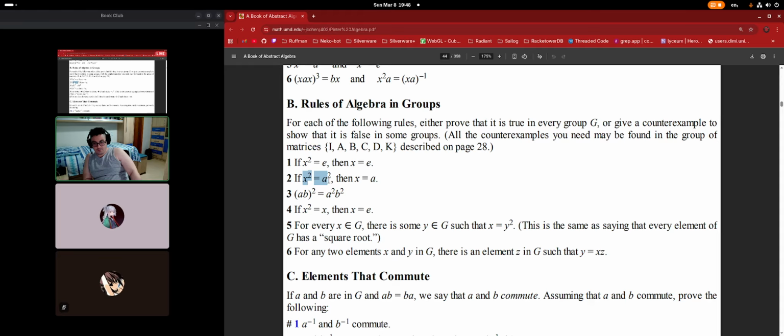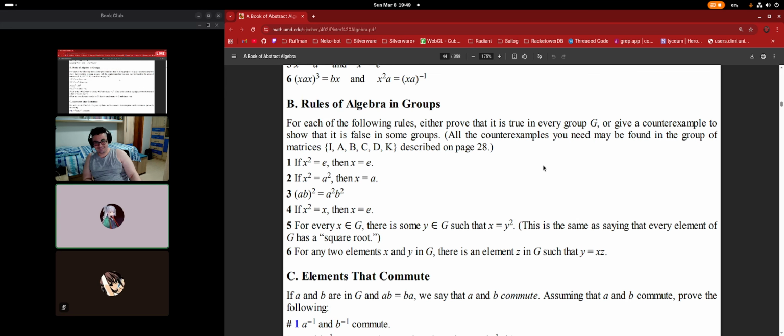If x squared equals a squared, then x equals a. Is this true? You see, that's the problem. This is the problem, man.